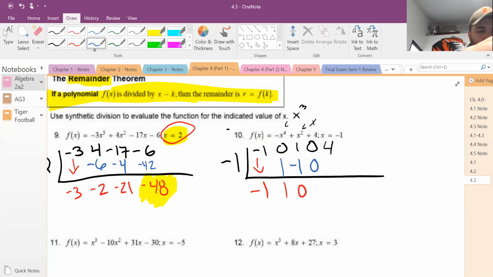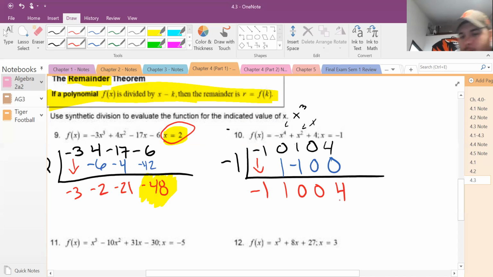Add those. 0 plus 0 is obviously 0. And -1 times 0 again is going to be 0. Add those straight down. It's going to be +4 is my remainder. Okay, +4 is my remainder, and that is my solution.